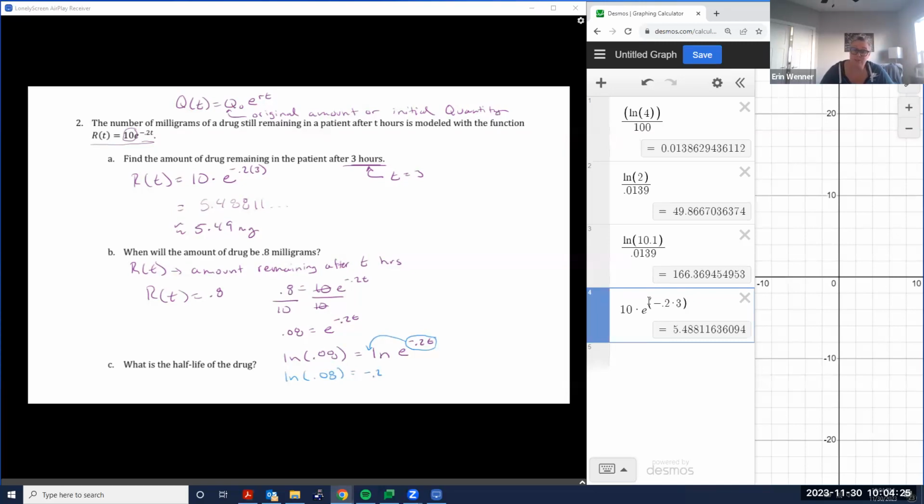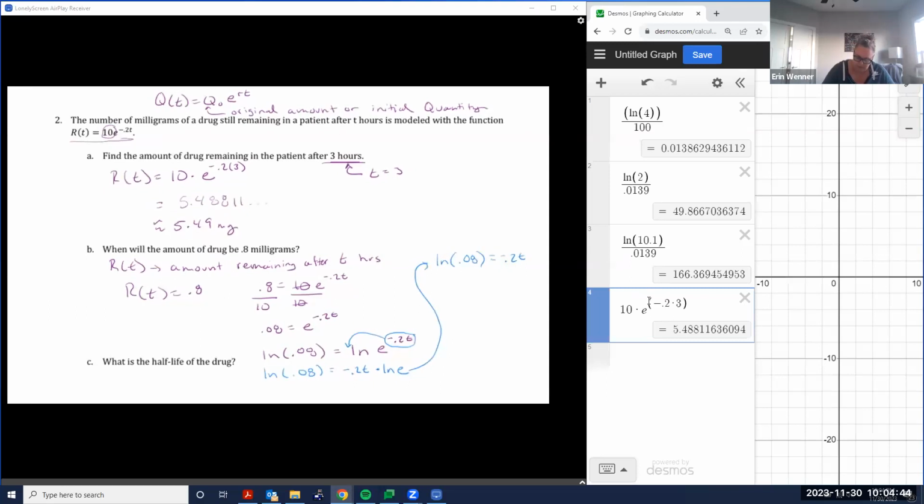Because we know that natural log of e is equal to 1, we can drop that portion off, which gives us the natural log of 0.08 equal to negative 0.2 T. And then we can use our final step, which is to solve for T by dividing both sides by negative 0.2.